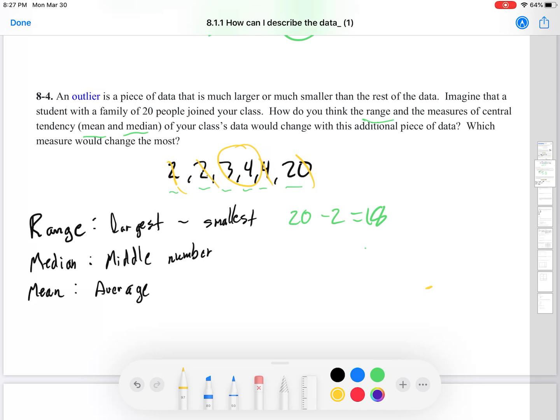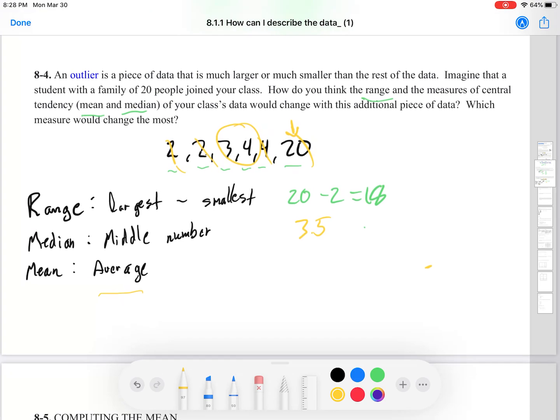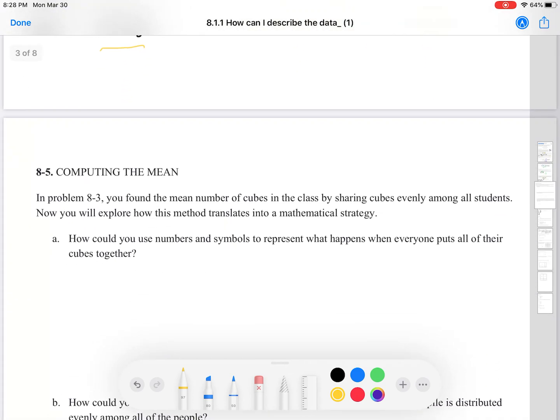If we remember before, the median was 3. Well, now it's 3.5. Our mean or our average would definitely change, wouldn't it? And I'm not going to calculate it, but we know it would change a lot because this person has 20 cubes to share, and boy, everybody's would get a lot larger, wouldn't it? So we'll figure out how to do some of that later, okay?